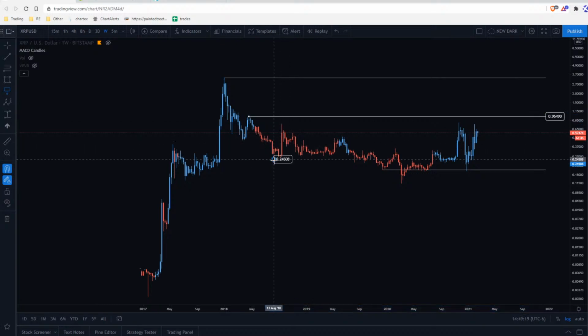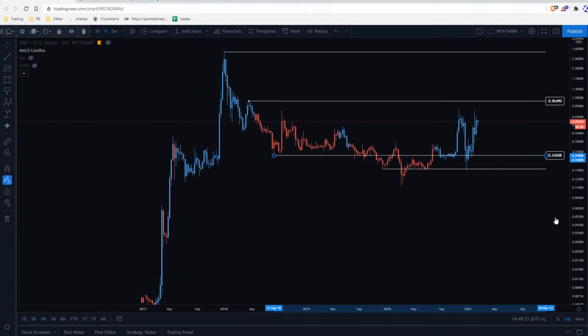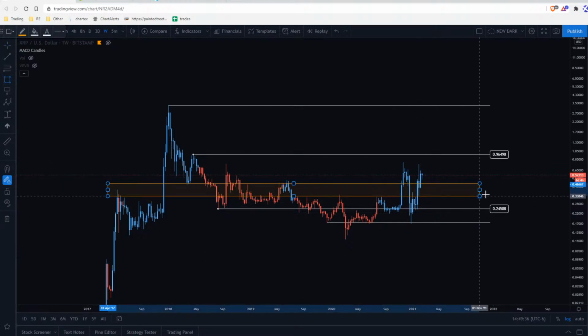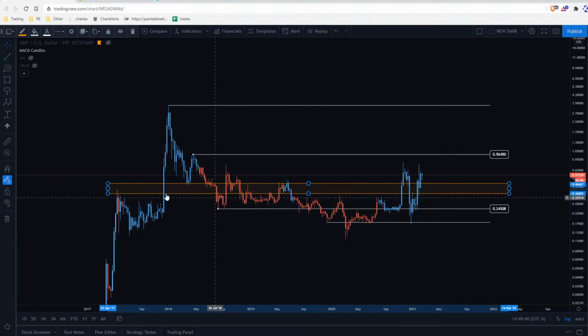And this is where somebody would want to be accumulating. And again, I mentioned it often lines up with this move. So it was rejected right here. And it often lines up with right in there. So you can see all the price action that's happened right at this level.